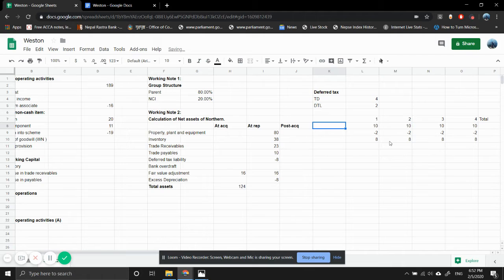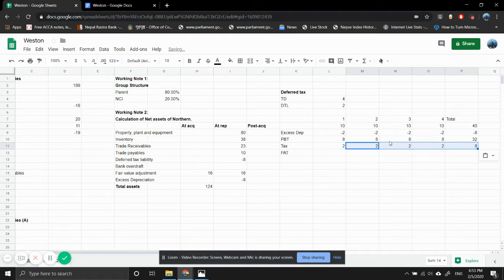This is excess depreciation, PBT, tax, EAT, right? So you'll be doing this figure into 0.25, copy and then paste for everything, right?